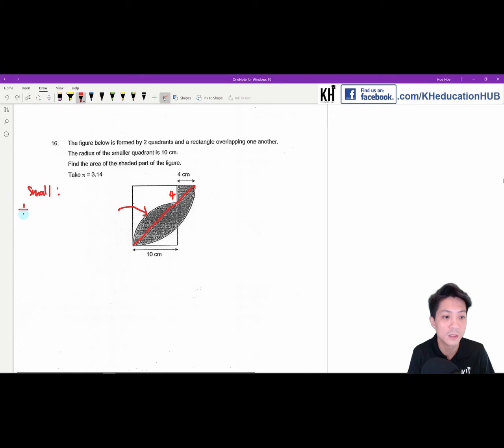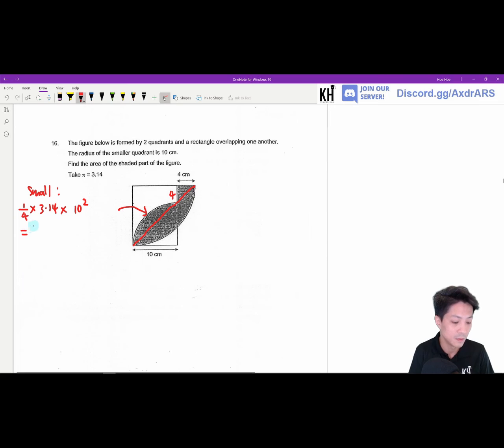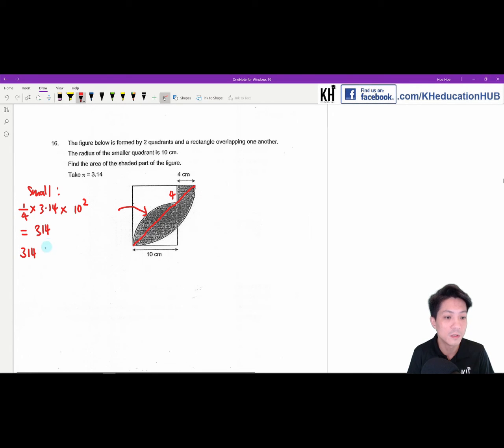So a quarter times pi times r square. Then after that I need to use 3.14 minus away the area of this triangle, which is half times 10 times 10.